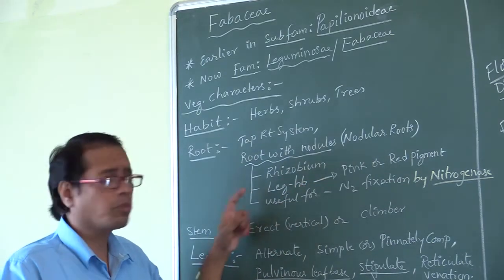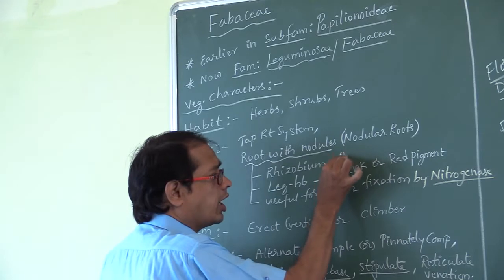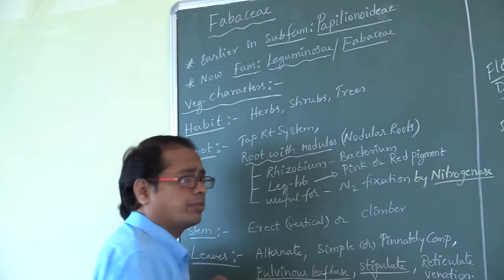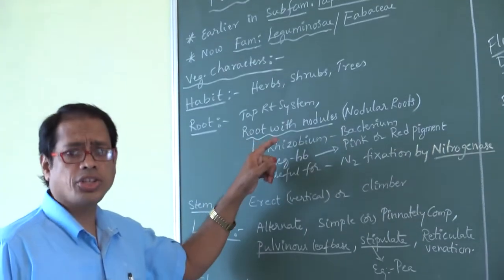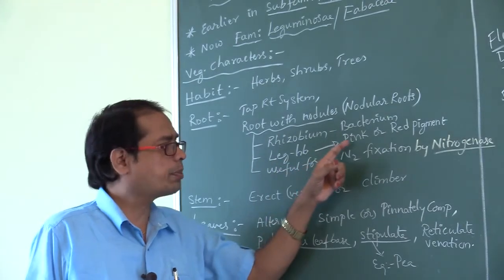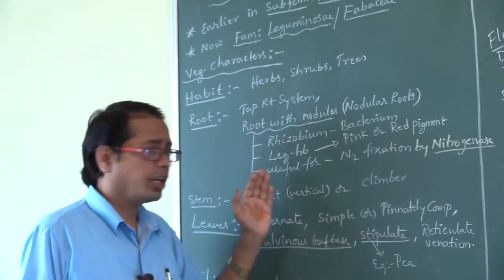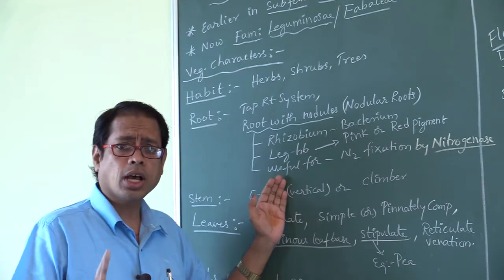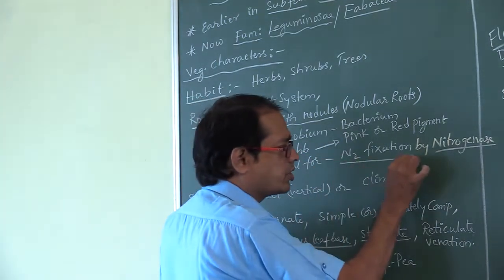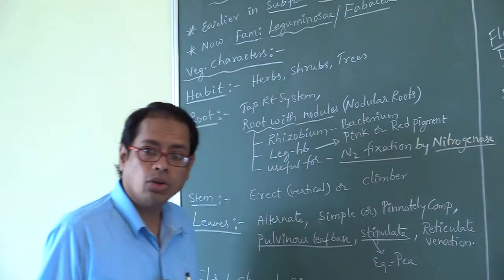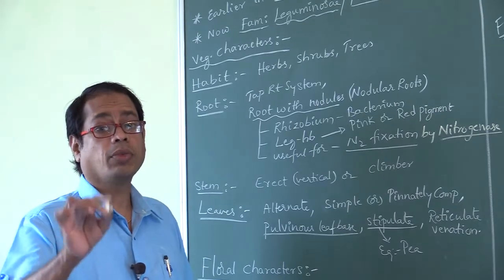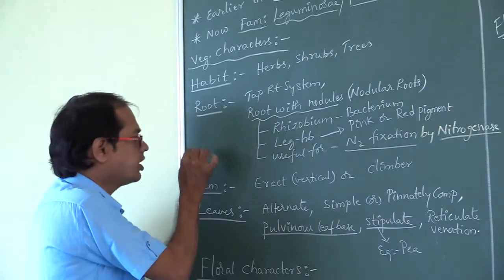They contain a bacterium called Rhizobium, which is rod shaped, and a pigment called leghemoglobin, which is pink or red in color. Root nodules are useful for nitrogen fixation because of the presence of the enzyme nitrogenase. That nitrogenase enzyme is synthesized from NIF genes.